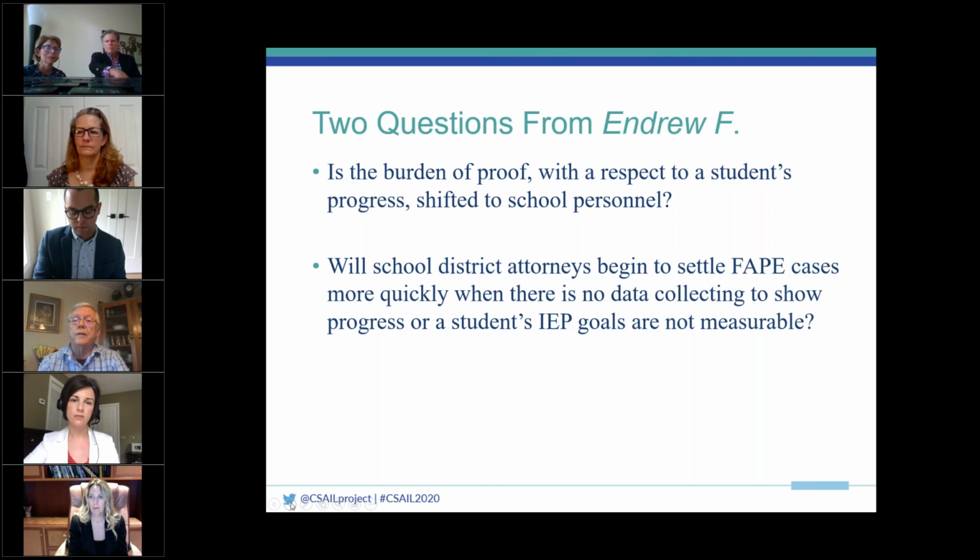However, this interesting little sidelight by Chief Justice Roberts in the decision, that school authorities must be able to offer a cogent and responsive explanation for whether this IEP is reasonably calculated to provide benefit, seems to be shifting somewhat the burden of proof with respect to student progress toward school districts.